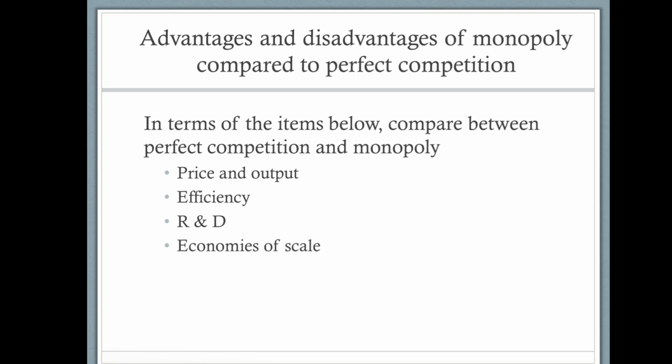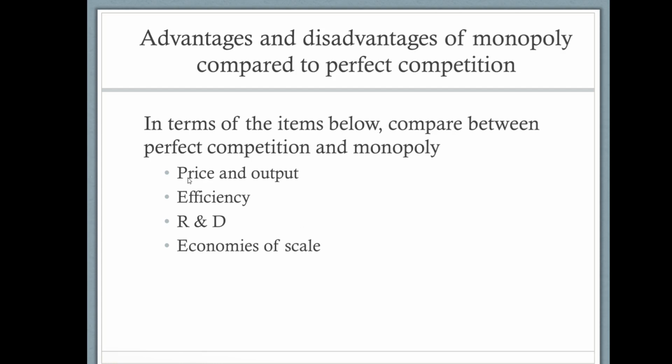Some questions will ask you to compare different market structures based on particular topics, like price and output. So very quickly, if you have to compare monopoly to perfect competition based on the four factors here, what can you tell me about it?